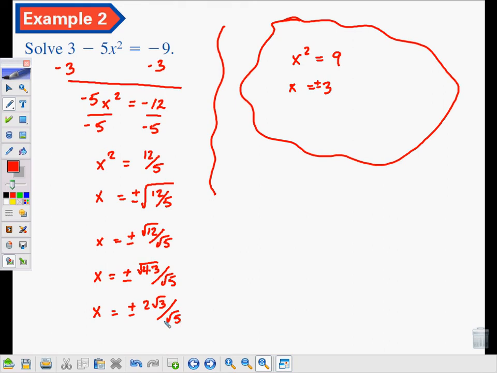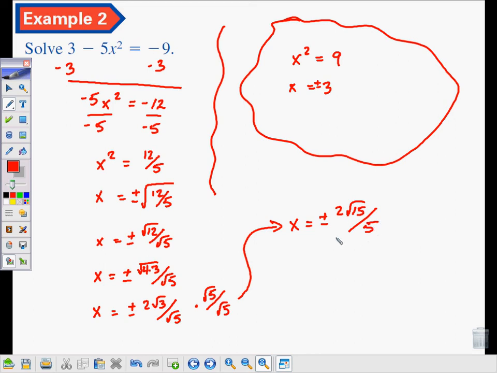Just as we discussed in the last video, I cannot divide by an irrational number according to proper math etiquette. So let's go ahead and divide the top and bottom by the square root of 5. What that then gives me is that x is equal to positive or negative 2 square roots of 15 over 5. Done. That is my answer.